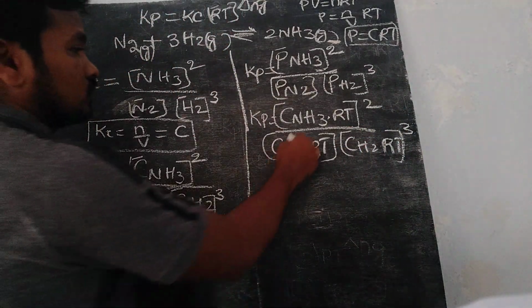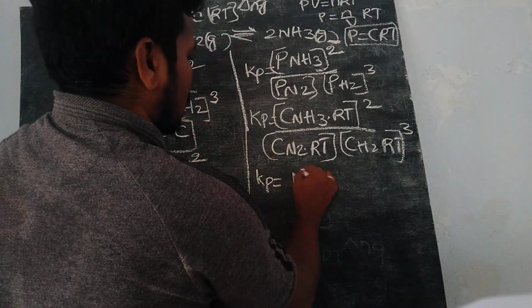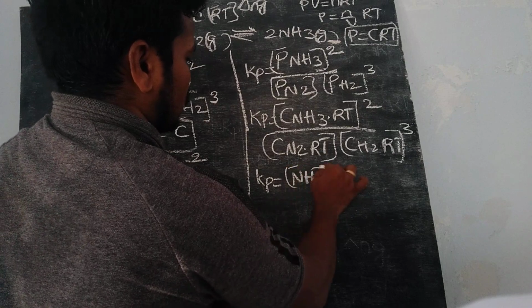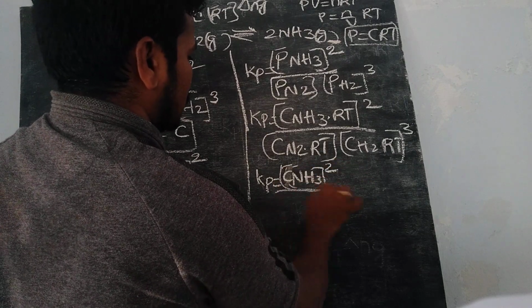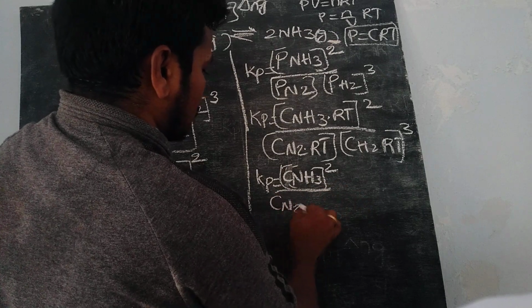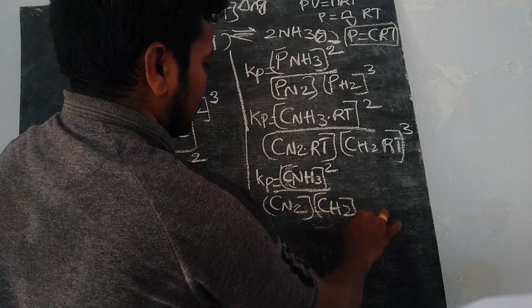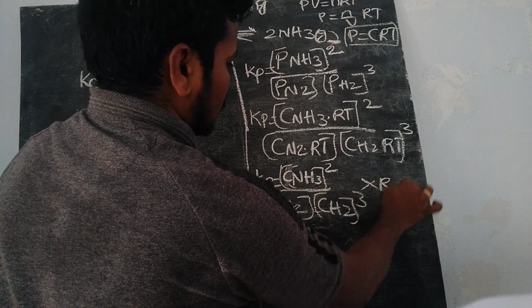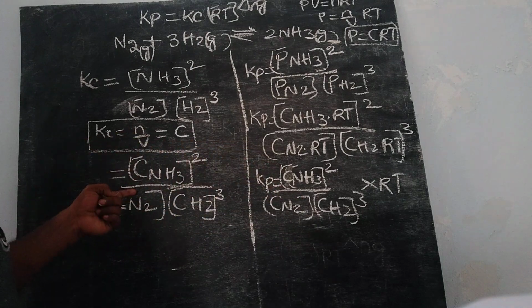Now take RT as common, so Kp equals the concentration of NH3 squared over concentration of N2 times concentration of H2 cubed, into RT to a power. We got the same expression here.